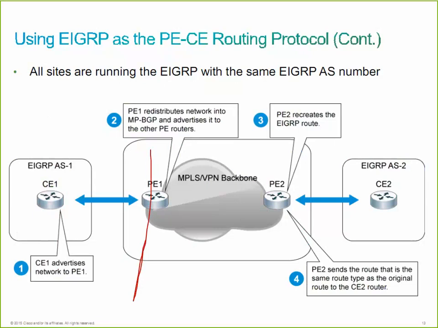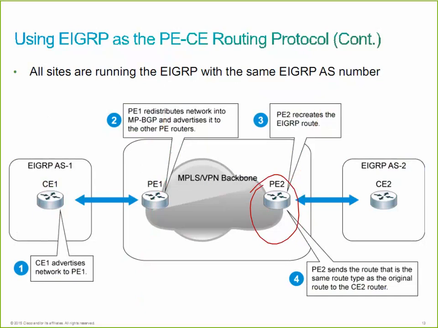So assuming that those attributes are carried over, they get distributed to the other PE router through MPBGP. So the PE2 router receives the MPBGP update, which includes this extended community information for EIGRP, as well as whatever the external matching EIGRP AS is, right? And in this case, it's AS2, or Autonomous System Number 2.